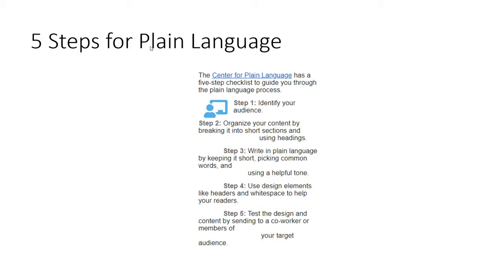You don't want to make it too complicated. You also want to use elements like headers and lots of white space to make it easier to read. And finally, do some tests. Send it to a coworker, send it to members of your target audience. And then you can adjust from there and edit from there.